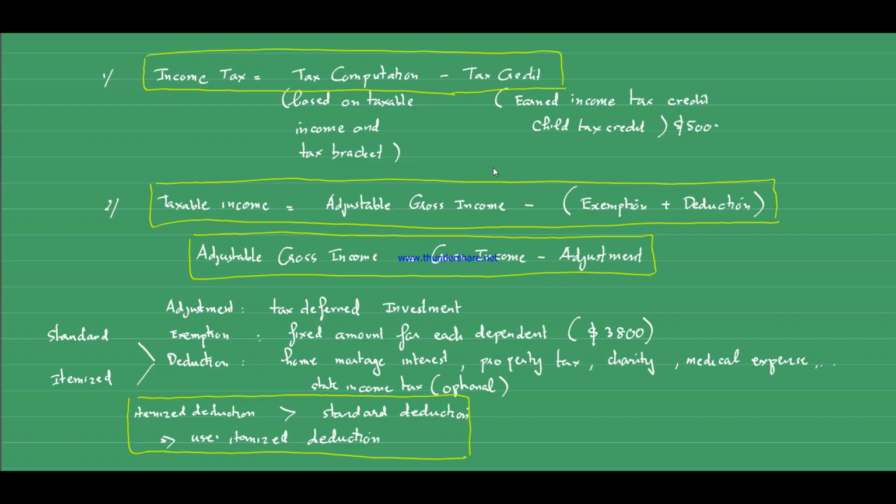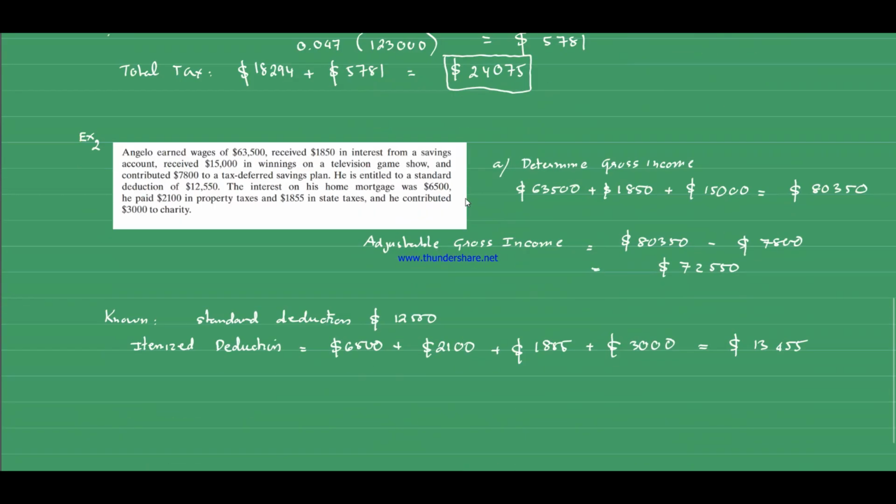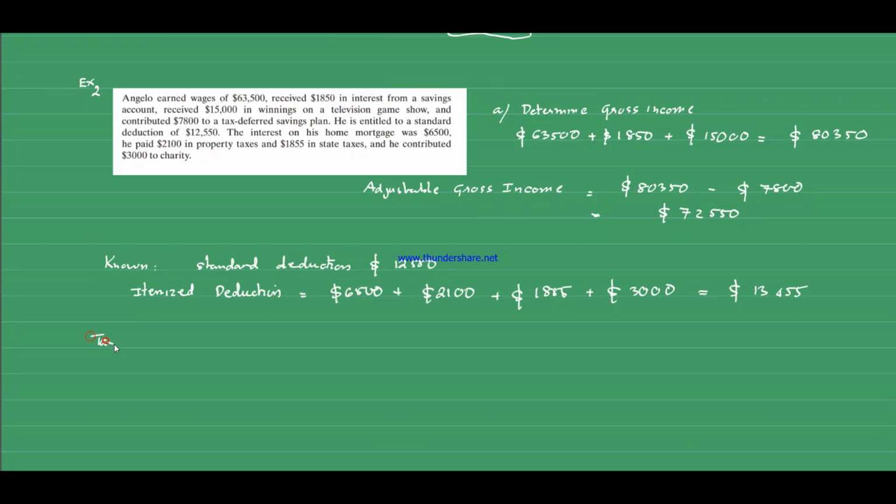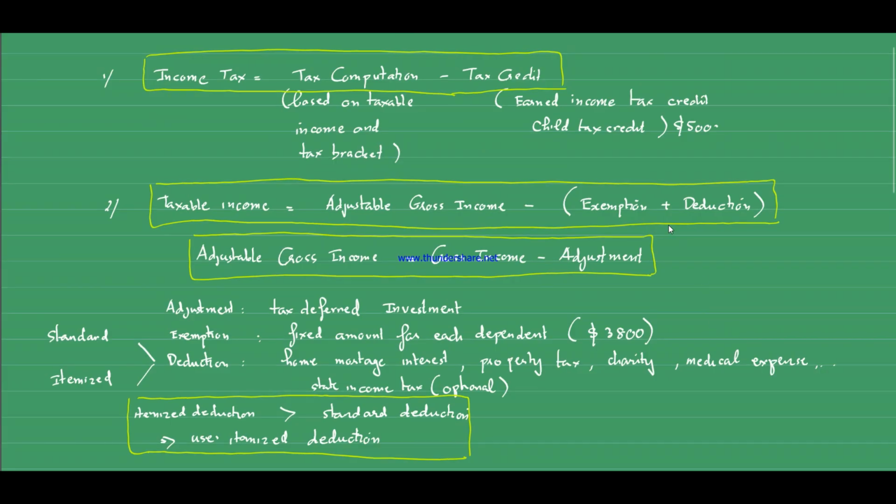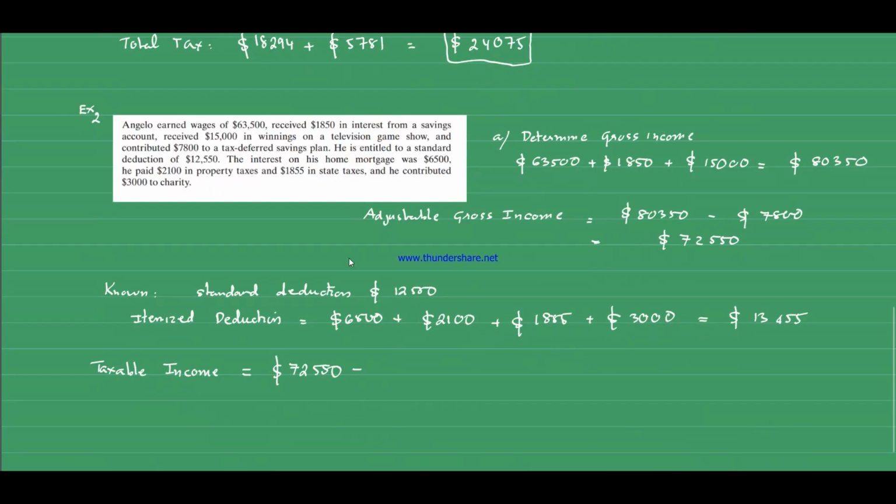So we can calculate the taxable income. Taxable income will be adjusted gross income, which is $72,550, minus the exemption and the deduction. But we don't have an exemption, you read the problem. So we subtract the deduction, which is the itemized deduction, $13,455.